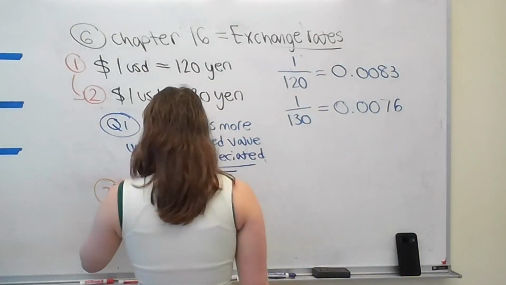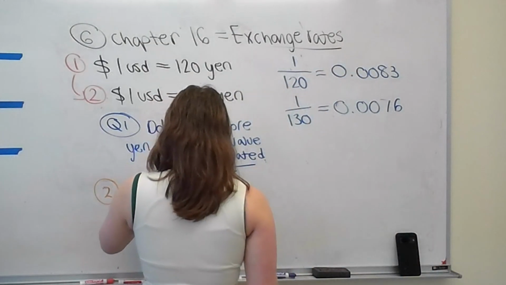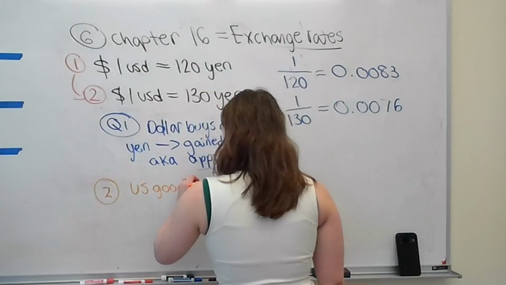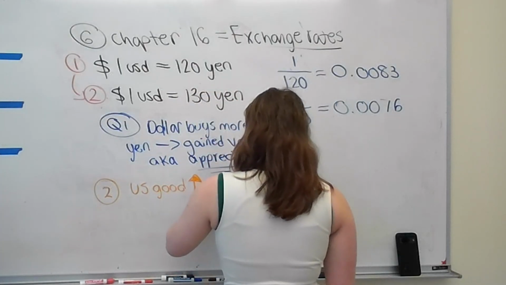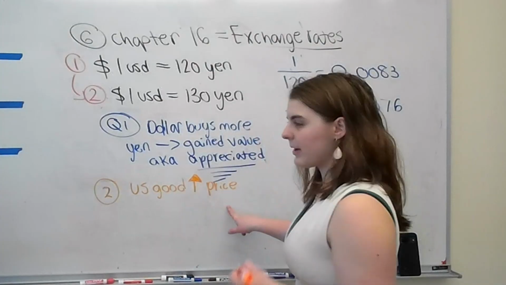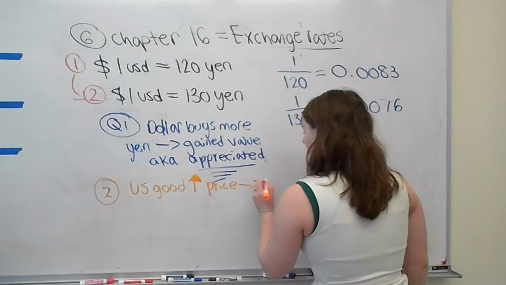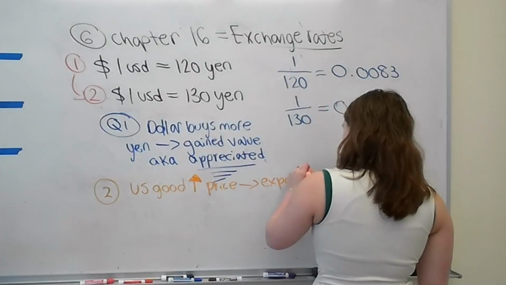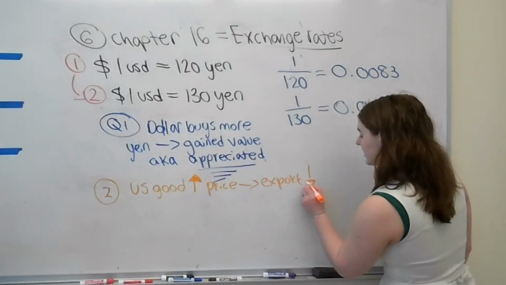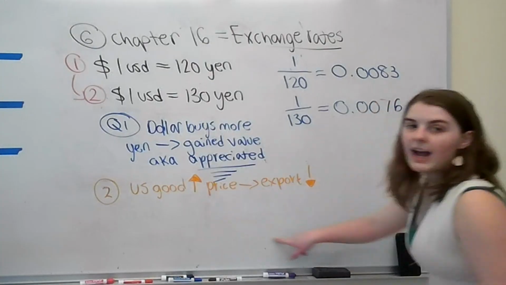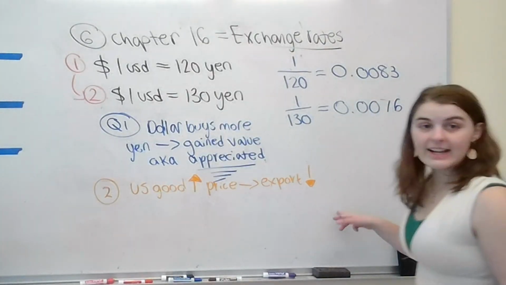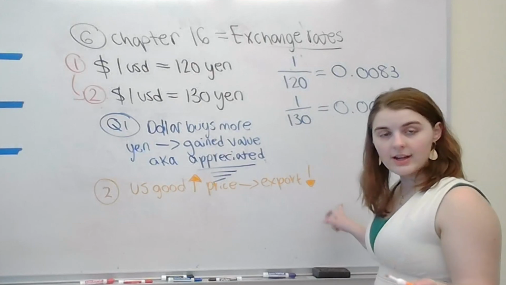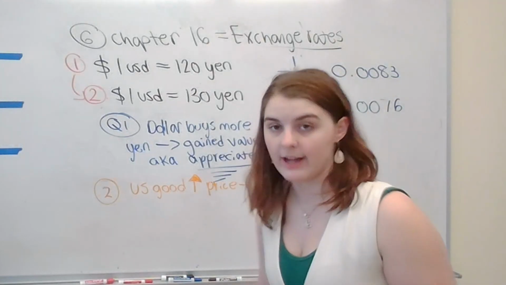So in this case, US goods have gone up in price. That means we are going to export less. Right? The more expensive a good is to the other country, the less they are going to import that good, and that means the less we are going to export.